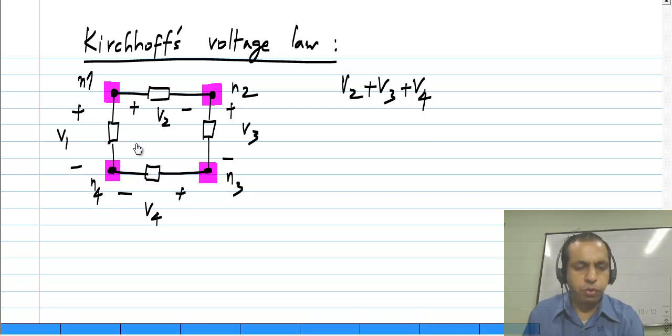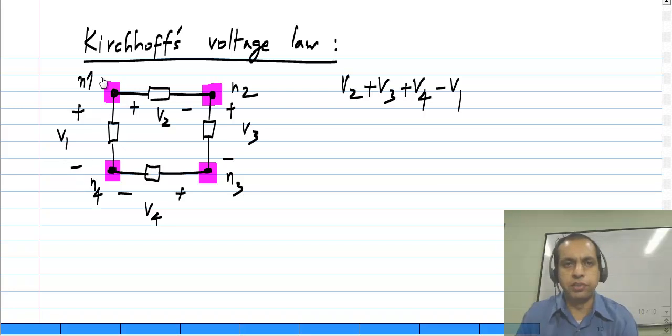So when you go from N4 to N1, the voltage rises by V1, which is the same as saying the voltage falls by minus V1. This is the reason I emphasized earlier that you can think of N1 as being above N4 by V1 or below N4 by minus V1. So you will need to be comfortable with these conventions in order to apply the rules correctly.